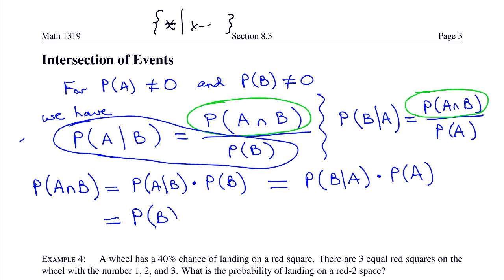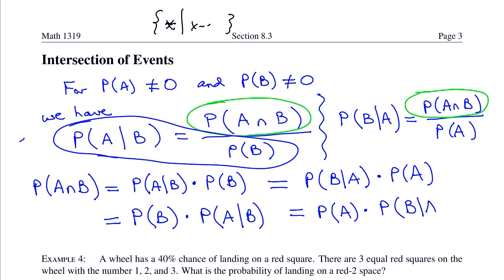So this left one could be probability of B times the probability of A given B. And the one on the right is probability of A times the probability of B given A. In some sense, you can think of the given symbol as sort of a denominator, where here's the probability of B, and it's on top, and so now you need the B part on the bottom.